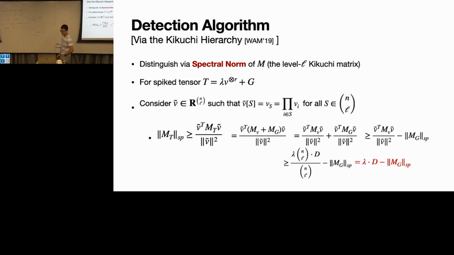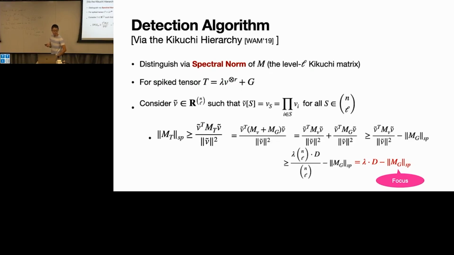This is just lambda D minus the spectral norm of Mg, where Mg is the Kikuchi matrix you can build out of a random symmetric tensor. And this is going to be the focus.